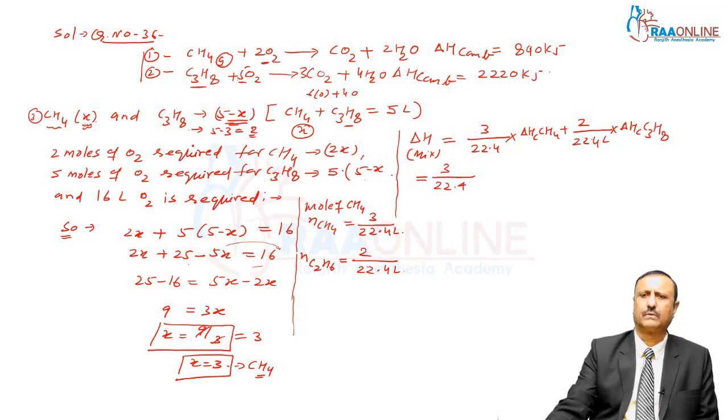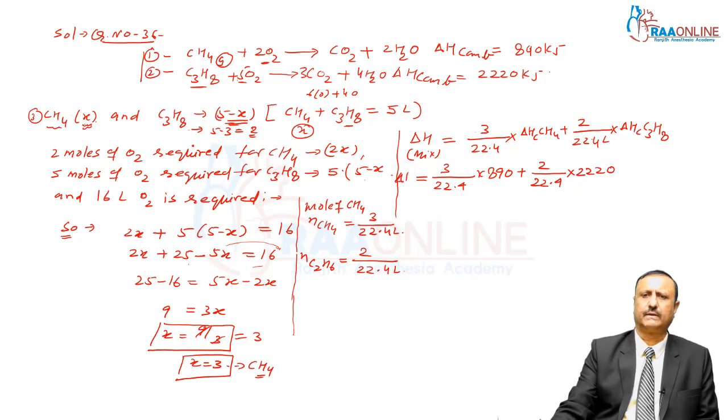Now we can put the values: 3 upon 22.4 multiplied by 890, these values are given in your numerical, plus 2 upon 22.4 multiplied by 2220.